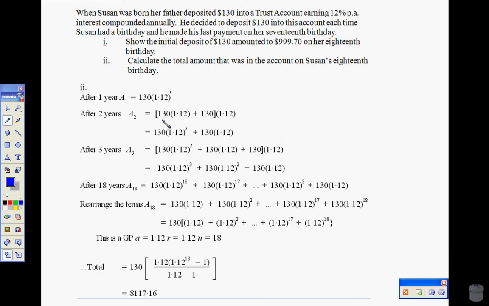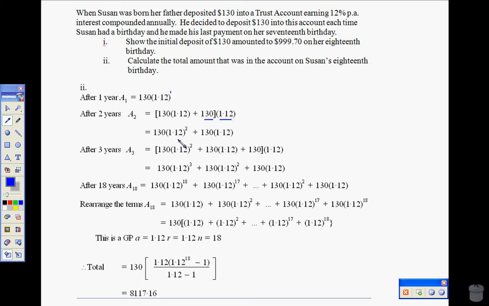We rather leave it in this form at the moment. So after 2 years, at the start of the second year of Susan's life, he puts in $130 for the first when she's born, and then there's that $130 he puts in at the start of her second year, her first birthday. All that amount now is being invested for a year at 12% per annum, and we come up with this pattern.